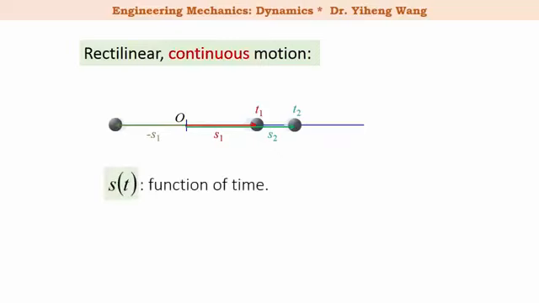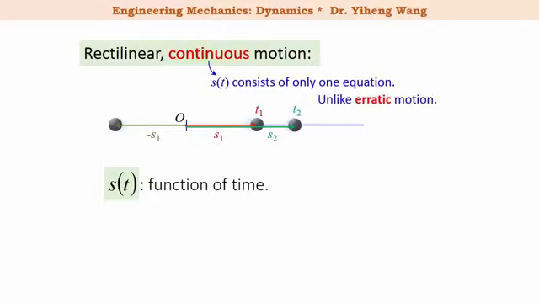Here, continuous motion means that the position function s(t) consists of only one equation, versus later on when we discuss erratic motion, that is when the position function is a piecewise function that consists of multiple equations.